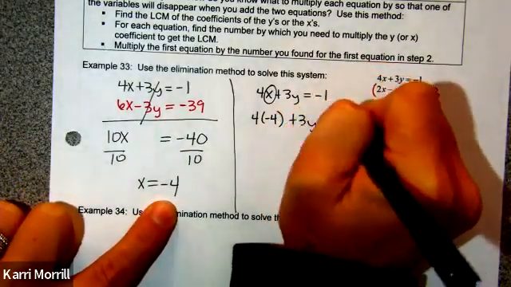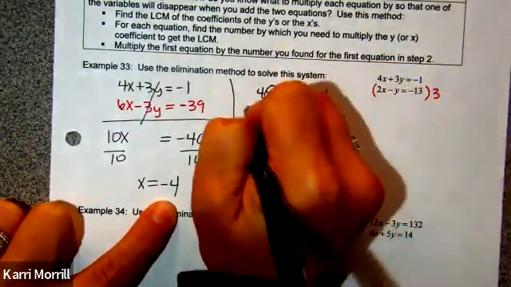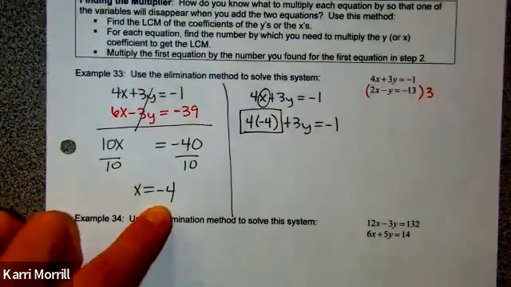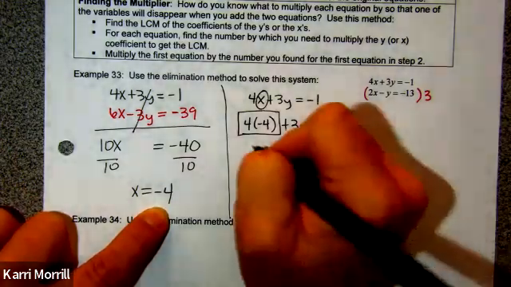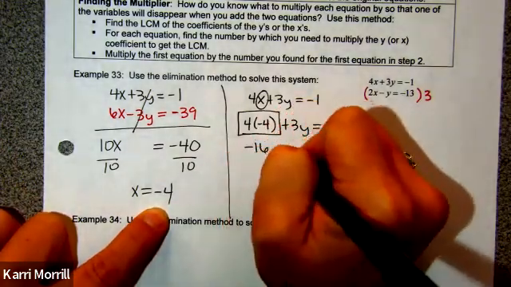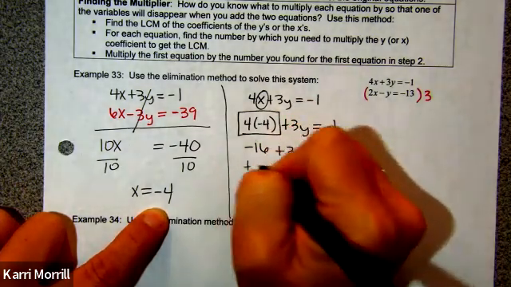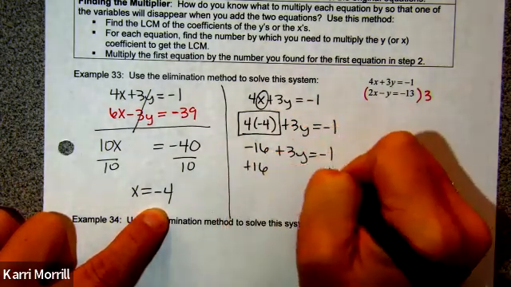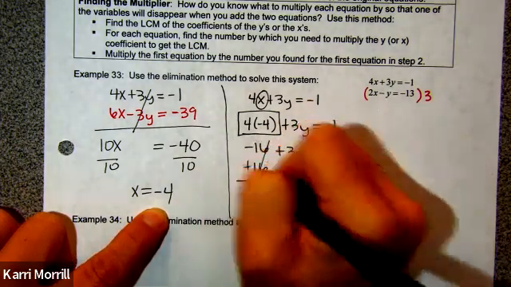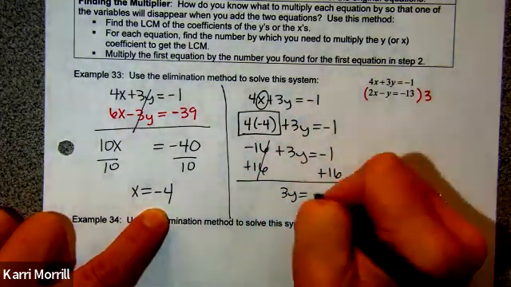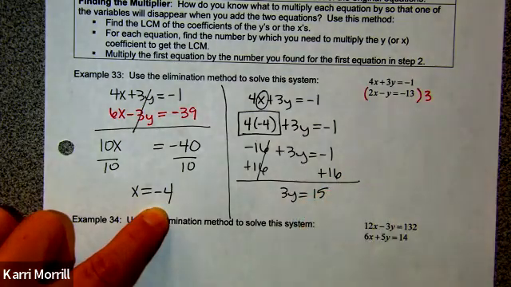You just have to remember that you need to multiply this first. Just remember you're solving equation stuff. 4 times a negative 4 is a negative 16. To get the y term by itself, I would add 16. And negative 1 and 16 is really a positive 15.